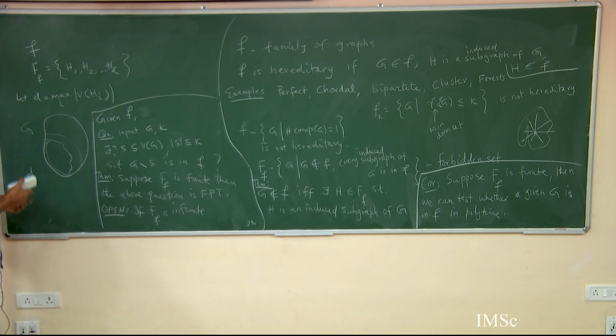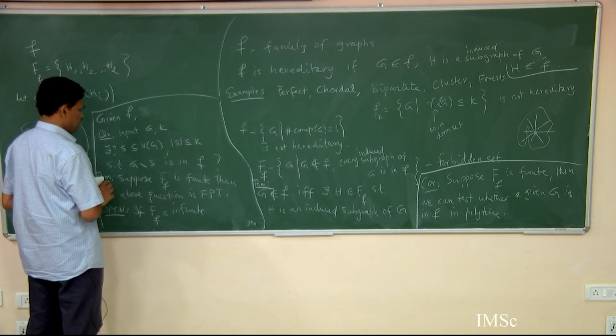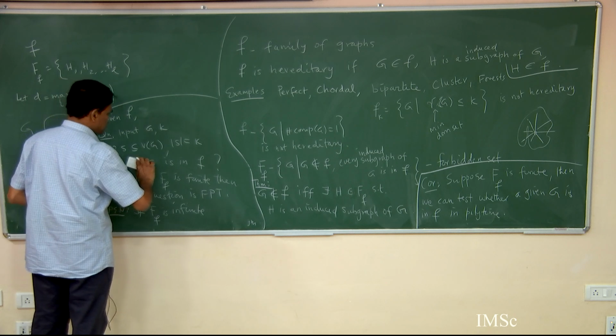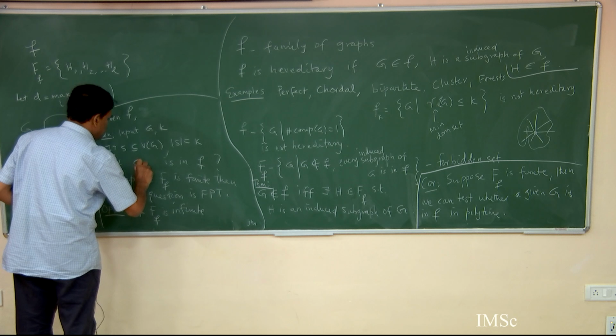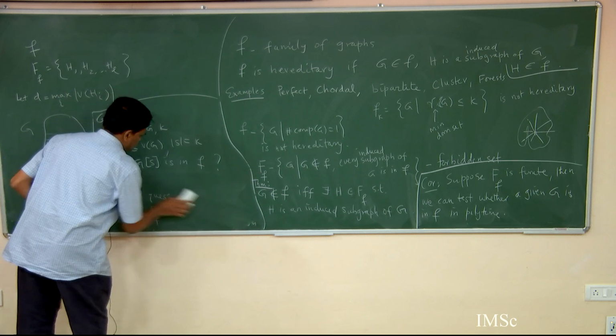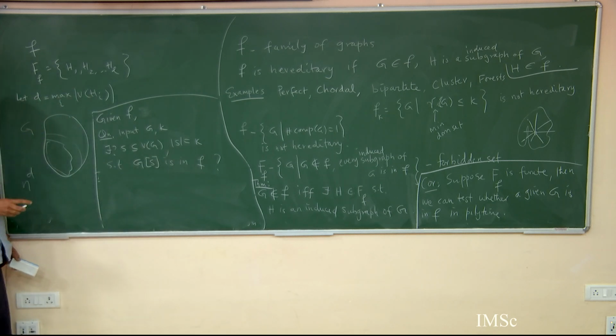Another version of the parameterized question we can ask is, given F and input G, k, does there exist an S contained in V(G) such that |S| equals k, and not G minus S, but the induced subgraph on S is in F. So, is there a k-size subset that induces a graph in the class?